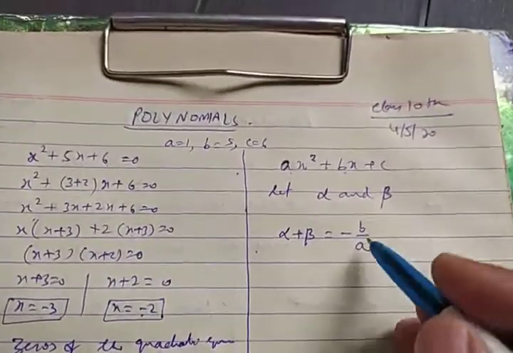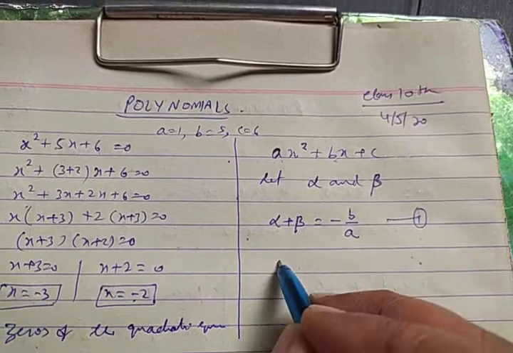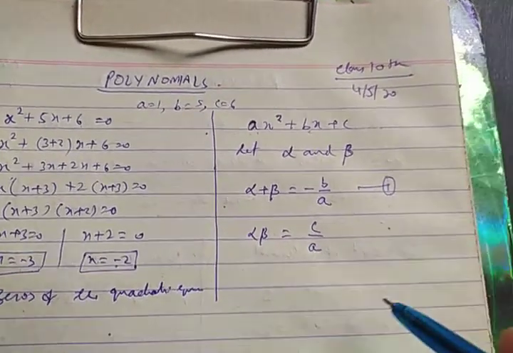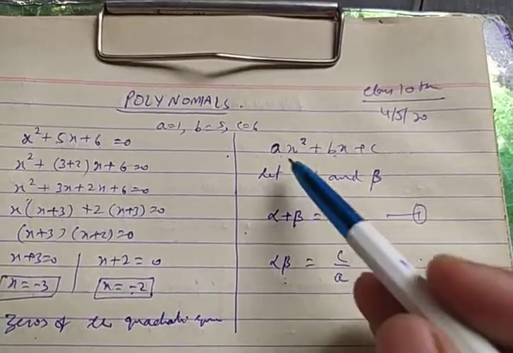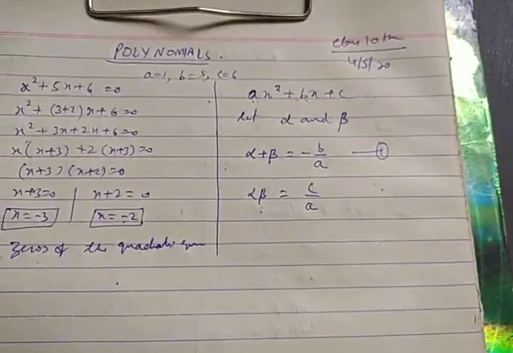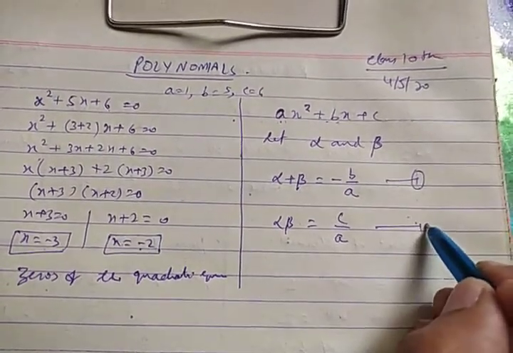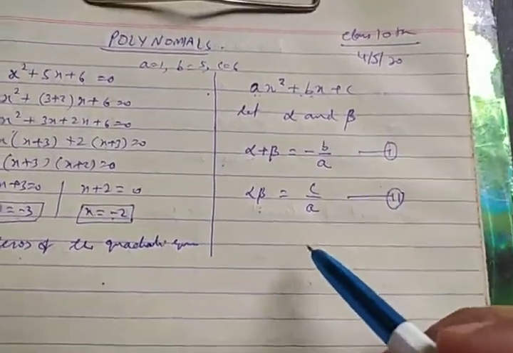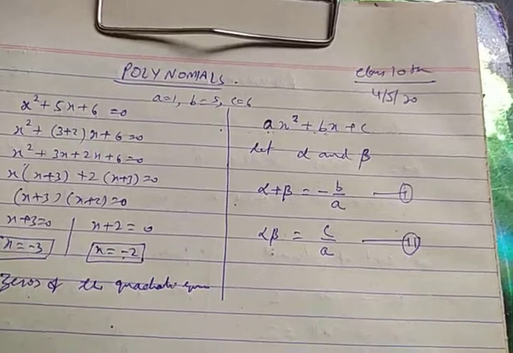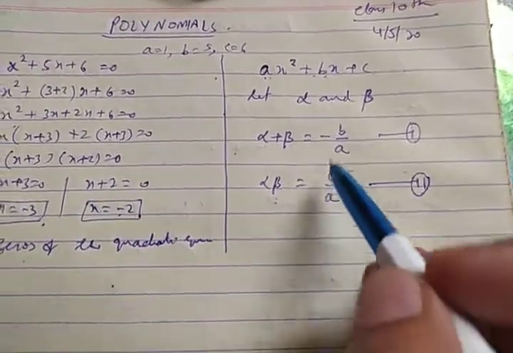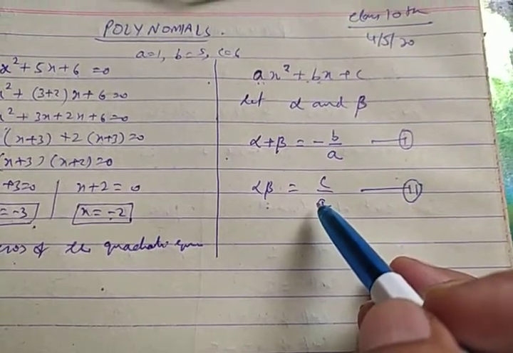So one condition you have observed, and the second is called the product of roots, alpha beta, that is c upon a. These are related with the coefficients of x square, x and the constant term. This is condition 2. In any given equation, without solving the equation in this manner, you can write these two values directly from the equation.